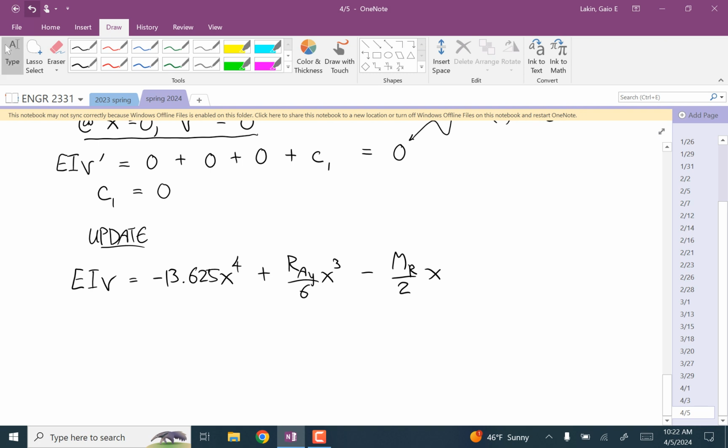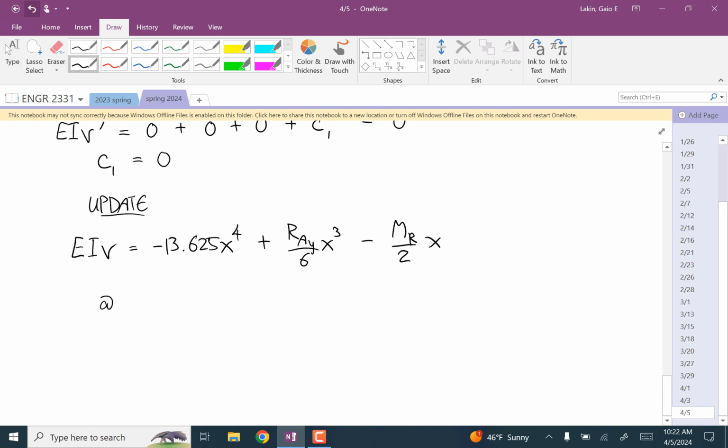And now we'll use the fact that at x equals 3, the deflection is equal to 0, because that's what you do at rollers and pin and slot joints.